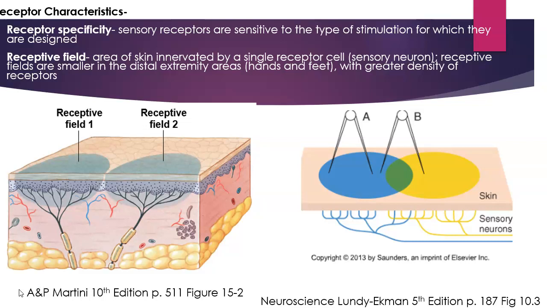When you take a look at this picture on the right, they're looking at 2-point discrimination. The little tool A on the left here over the blue circle: since one receptor cell is responsible for reading all of the contact in that blue circle, and you have a tool making contact within that blue circle at 2 different places, because only one sensory receptor is reading that whole area, the body and the brain reads that as one.